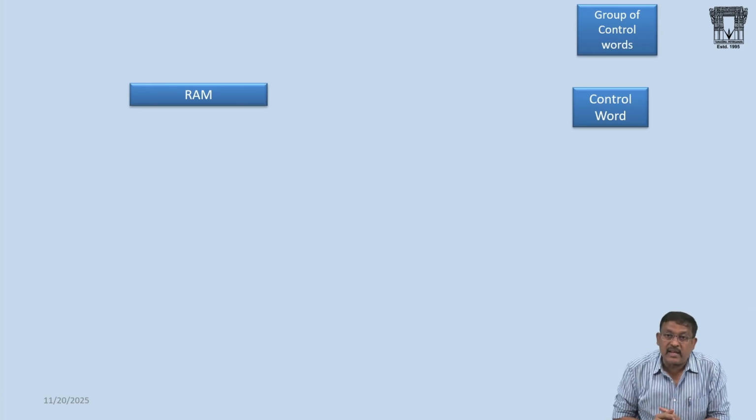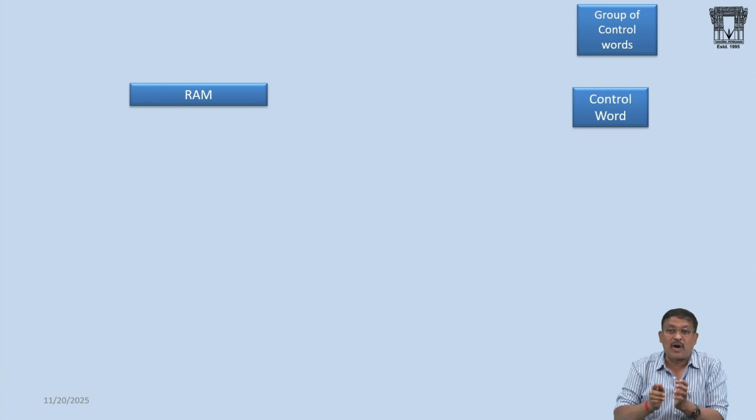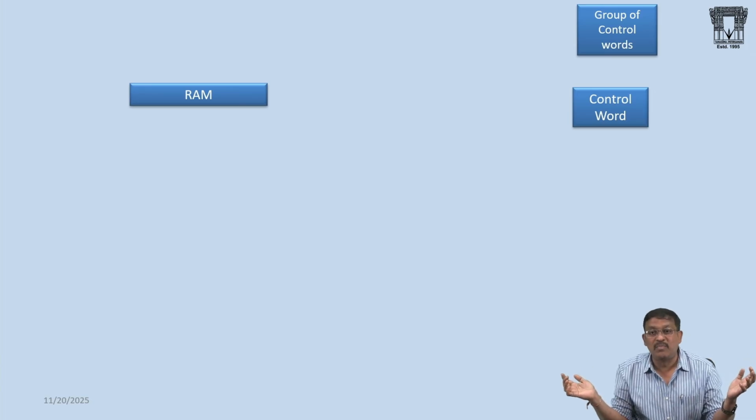So there is another block. A group of control words. A control word is stored in a memory called ROM, read-only memory, which is stored with the group of control words. A control word is composed of a stream of ones and zeros, control variables.